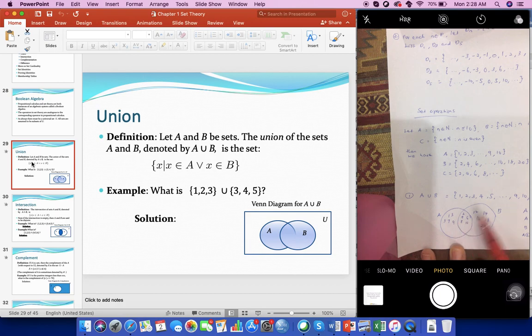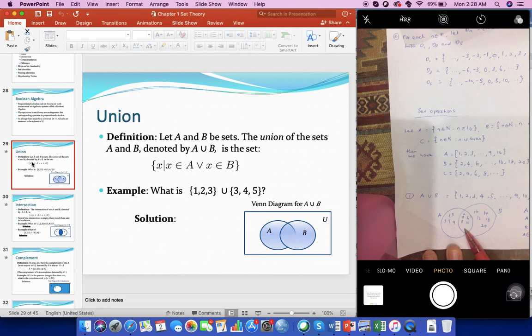4 is in both A and B. 5 is only in A. 6 is in both A and B, so put it in the middle. 7 is only in A, and 8 is in A and B. How about 9? 9 is only in A. 10 is in both: set A has 10, set B also has 10.